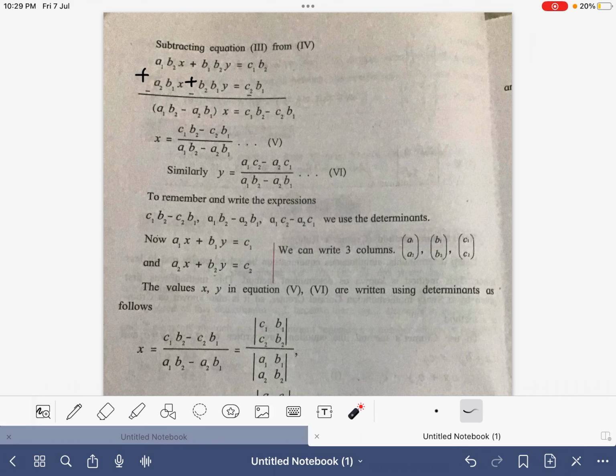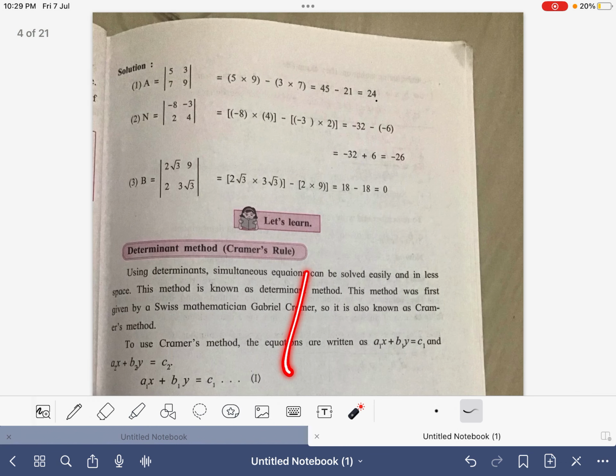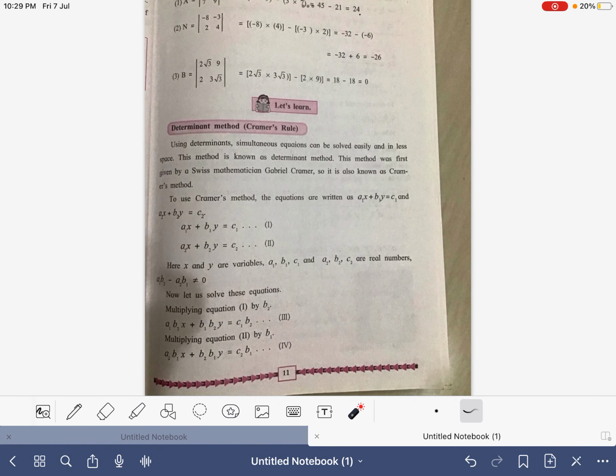To find the value of y, we have to eliminate x. For that we have to multiply the first equation. Let's go back to Cramer's rule. Look into that, this is the first and this is the second equation.